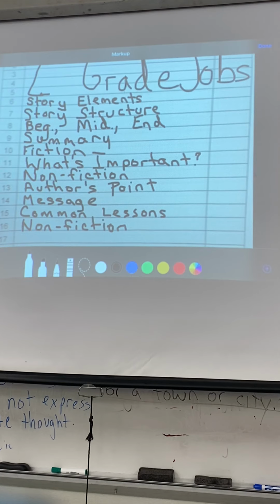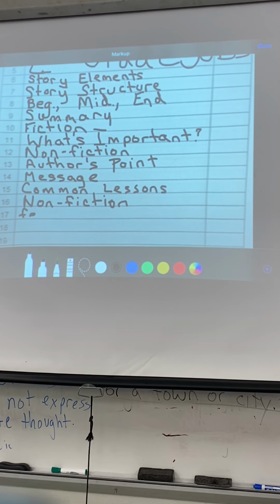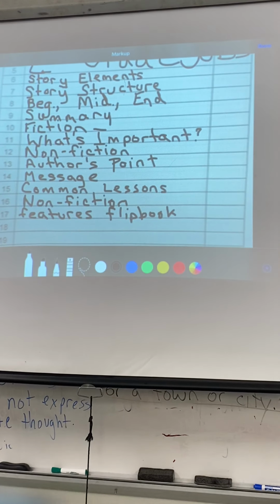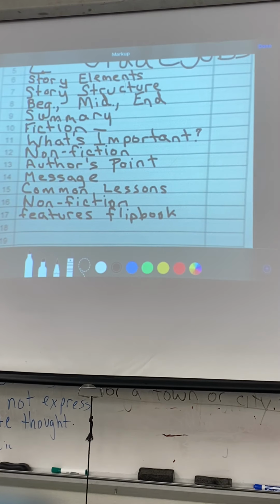That's supposed to be an N. Features, and on 17, I'll just finish it. Features, flip book. That way you can tell that it's supposed to be on those 2 pages. That's where we found out all these things. This is nice because we are talking today about a table of contents, which gives the heading and beginning page of each section of the book. Paying attention to a table of contents.